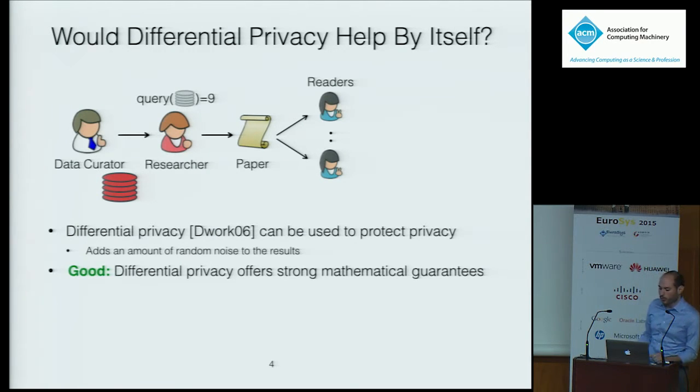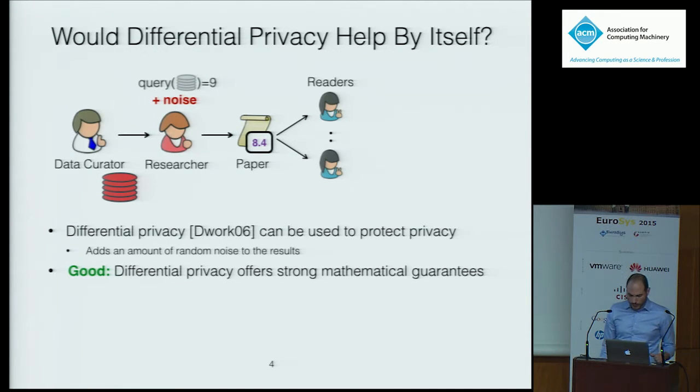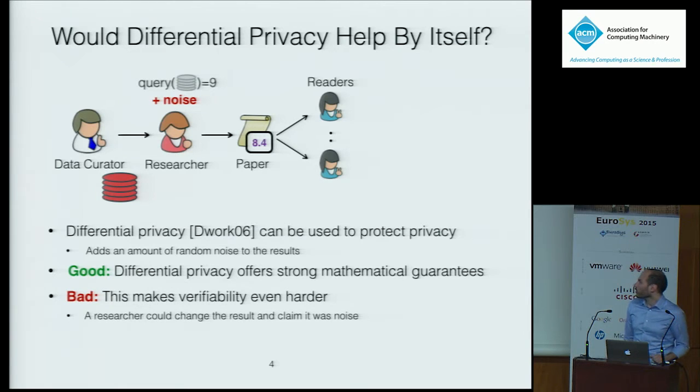Differential privacy prevents the published result from leaking a large amount of information. This is achieved by adding a carefully chosen amount of random noise to the result. We are not going to talk about how this noise is chosen, but the result is that this noising provides strong mathematical privacy guarantees.